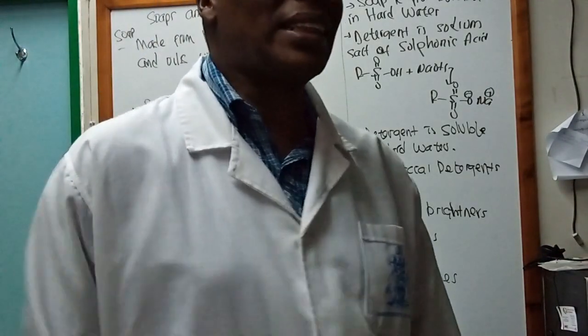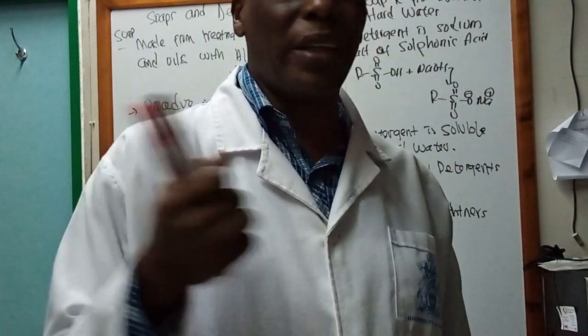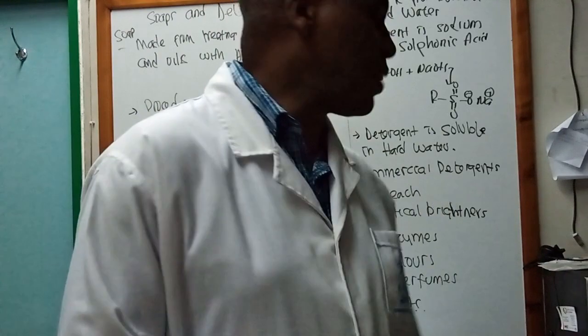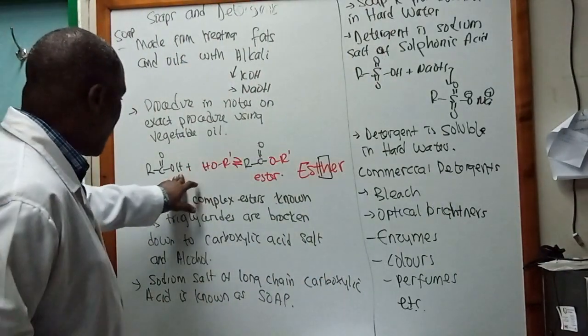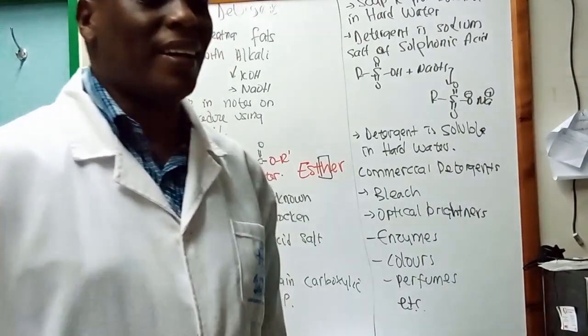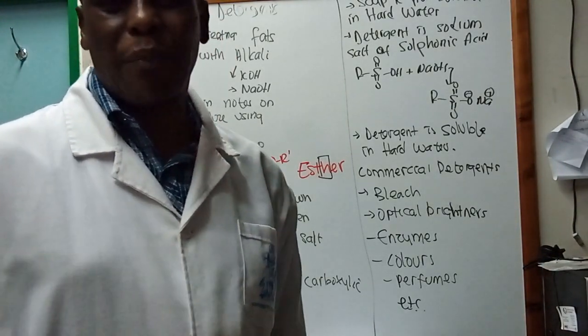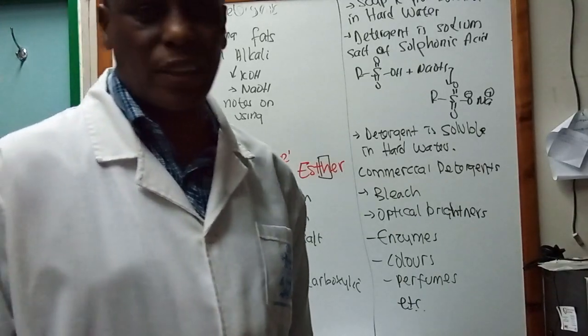But because this alkaline has a pH of more than 7, the carboxylic acid is going to react with it to form a salt. An acid plus a base is going to form a salt and water.